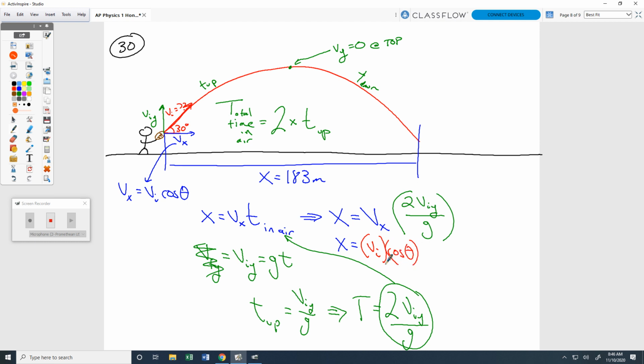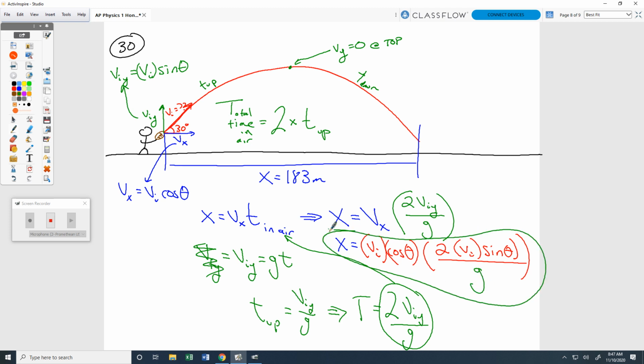And then VIy is normally found by taking your Vi and multiplying by the sine of theta. So if I replace that over there, I've got 2 times Vi times the sine of theta, all of that divided by g. And ta-da! I have created the equation that we had from before.